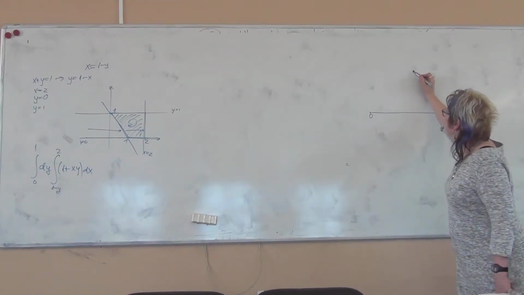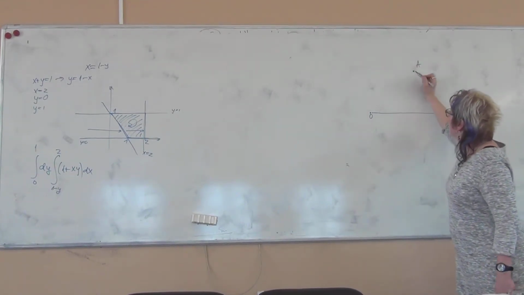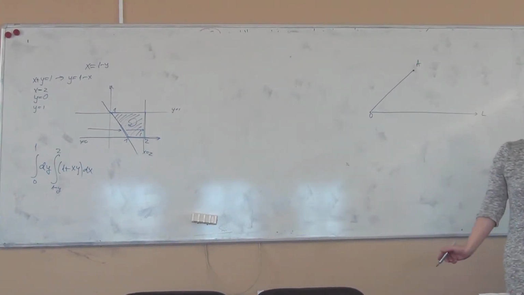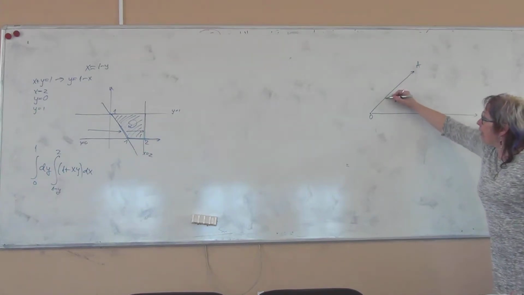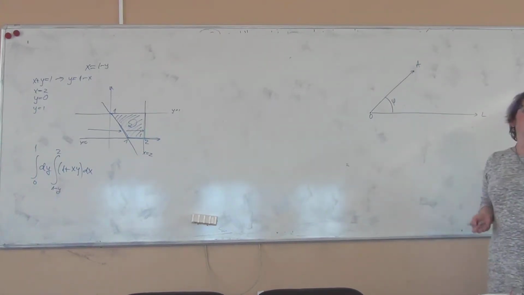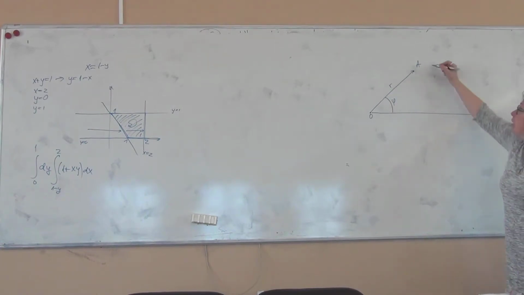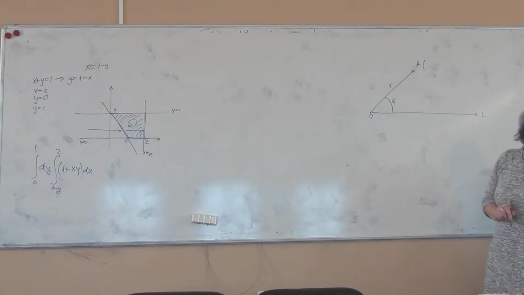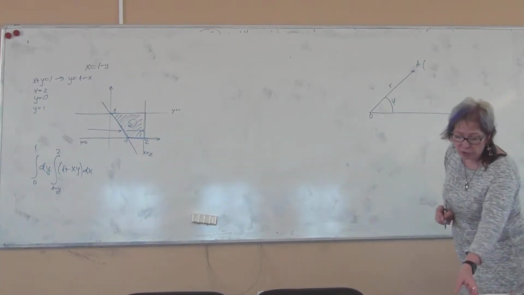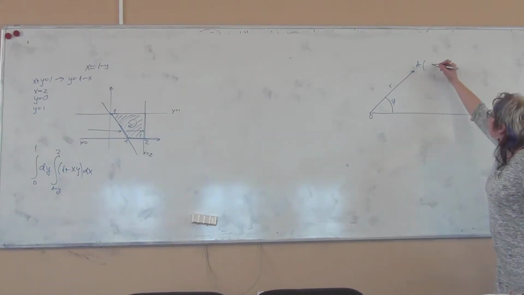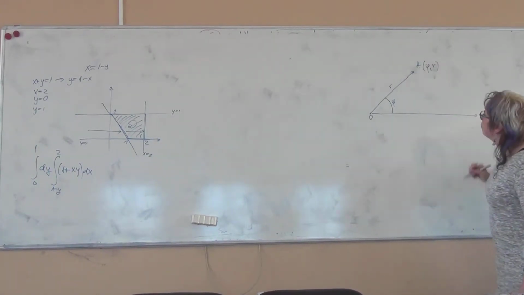For each point there are two coordinates. If I want to find the coordinates of this point, I draw a radius vector, a position vector. I look at this angle, for example phi, and I look at this distance r. So the coordinates of the point A are defined by two values: the angle and the distance, phi and r.